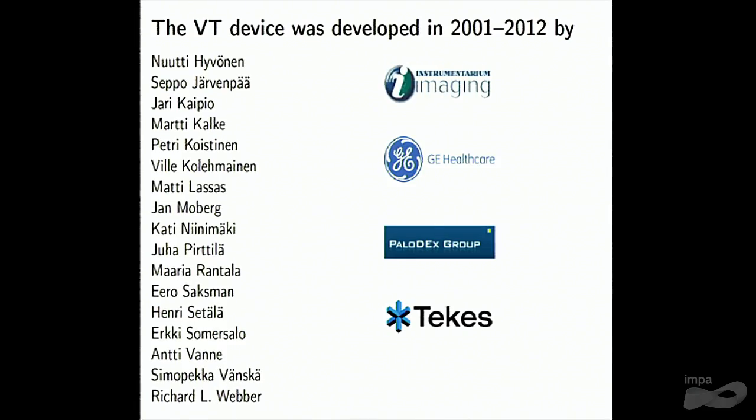And the company where I started this work was called Instrumentarium Imaging. Then it was bought by GE Healthcare in 2004. Later, they sold out the dental technology part, that it became Palodex Group, and it was by this company that the product was launched. Tekes is the Finnish technology agency that funded 3 different projects between industry and academia that made this possible.